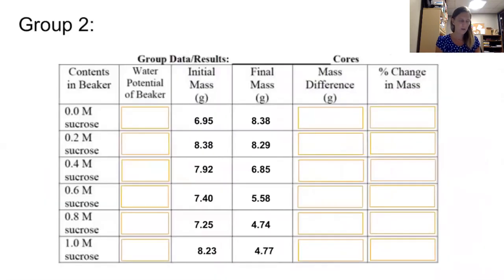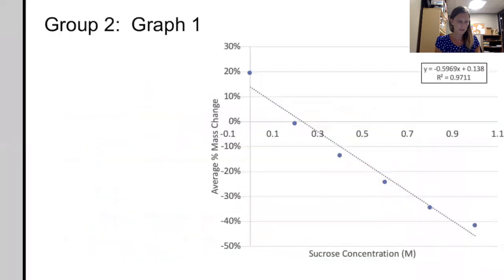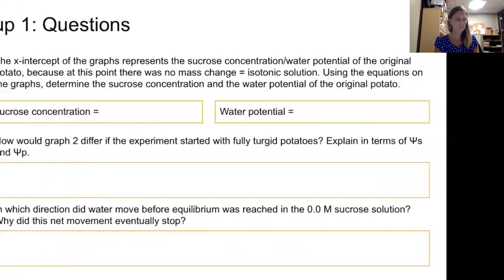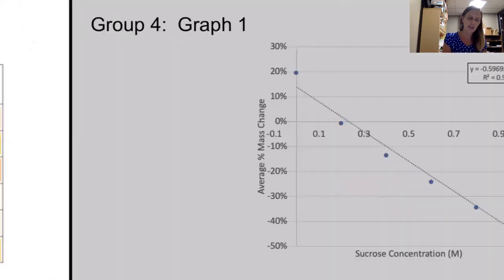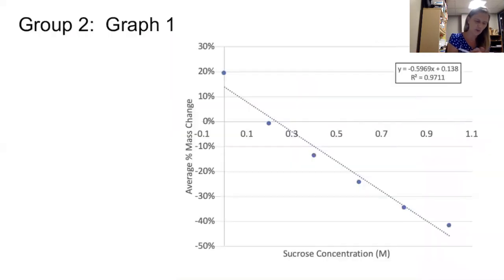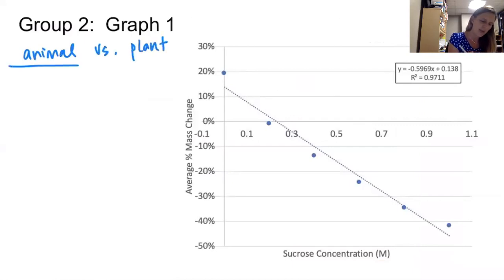All right, so let's see if I can get to, I don't have the last question on here. Bummer. Yeah, so sorry. The last question, I'm just going to write it over here. So the last question had to do with animal versus plant cells, right? And this had to do with the fact that which one of these could increase its mass more, right?